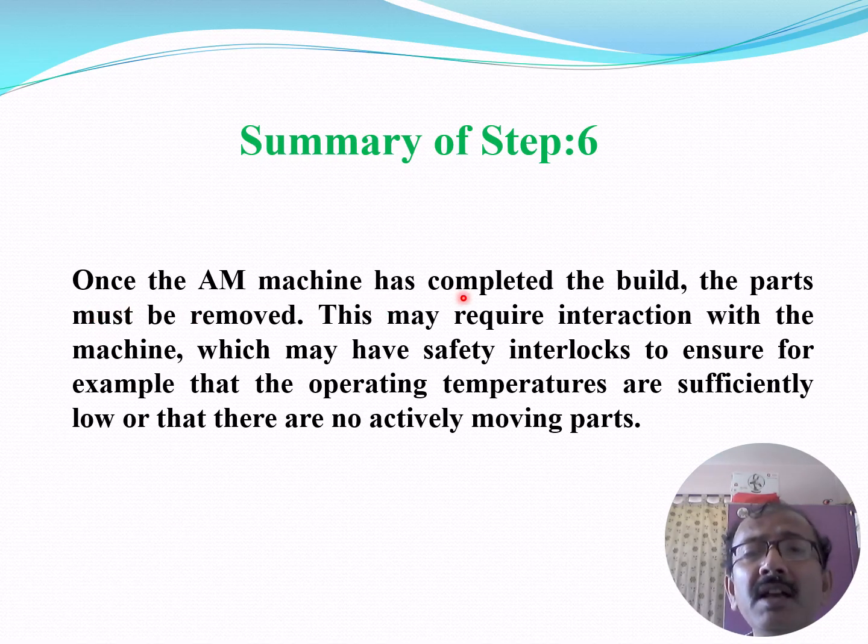Once the AM machine has completed the build, the part must be removed from the build setup. This may require interaction with the machines, which may have safety interlocks, to ensure, for example, that the operating temperatures are sufficiently low or that there are no actively moving parts.